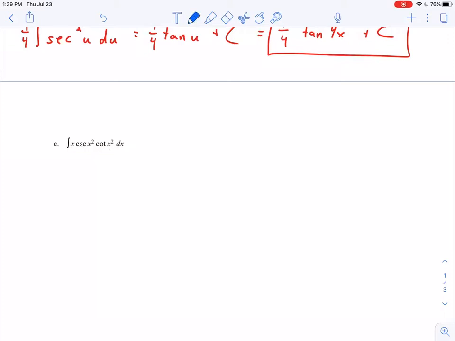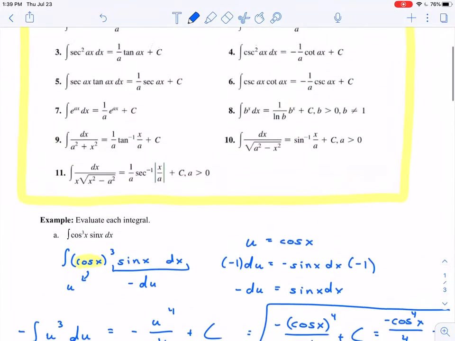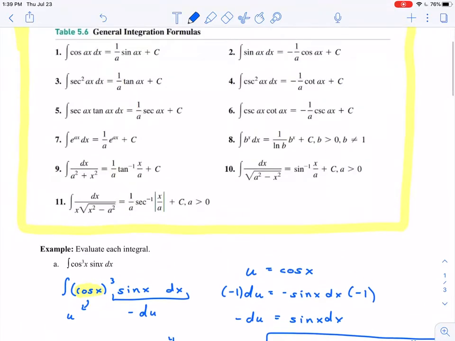So it might be difficult to pick out what your u should be. But here you may want to remember that the antiderivative of cosecant x cotangent x dx, and here's where that table might come in handy, is negative cosecant of x. So I'm not going to use the constant multiple part.